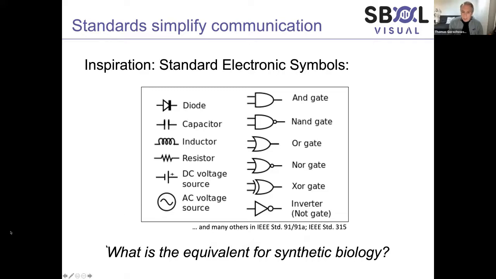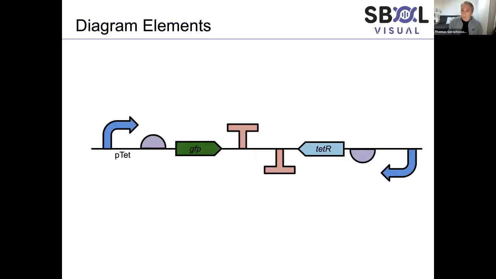But like I said, we didn't previously have an equivalent of this set of symbols that we can use for synthetic biology. And the idea behind SBOL Visual was to see if we could develop a community standard that would at least agree on how certain types of genetic element or components and their interaction should be represented.